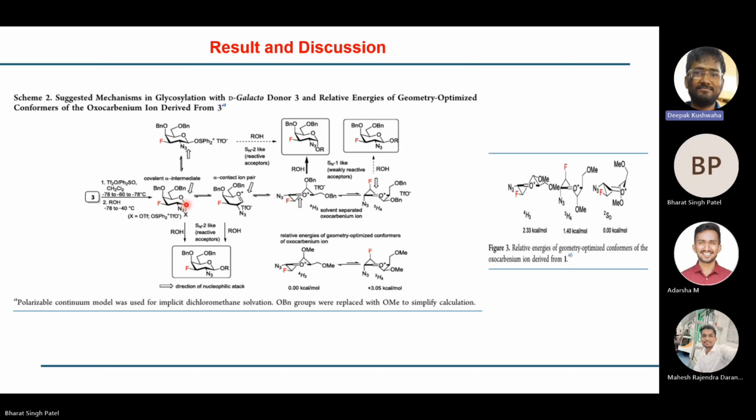If you go to a pre-activation temperature, then you may observe this intermediate. That could be one possibility, because the way of activation is also very critical in this kind of donor. Yes, then it will be followed by temperature and other things.